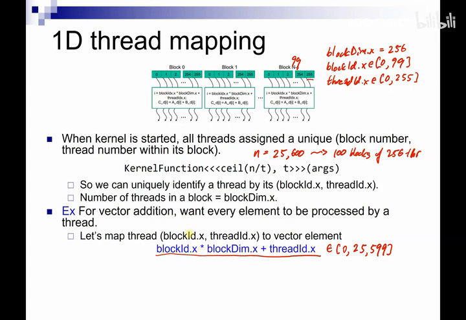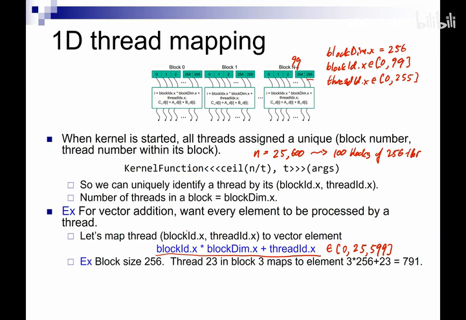As you consider all possible block IDs between 0 and 99 and all possible thread IDs between 0 and 255, when you plug these into the formula, you're going to get all possible numbers between 0 and 25,599. So basically this formula maps each thread, which is uniquely identified by these two numbers, to a different vector element between 0 and 25,599.